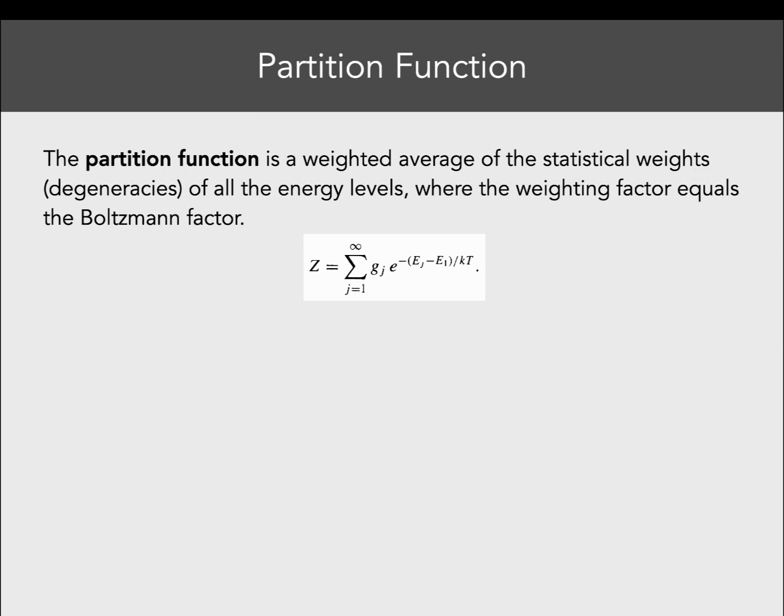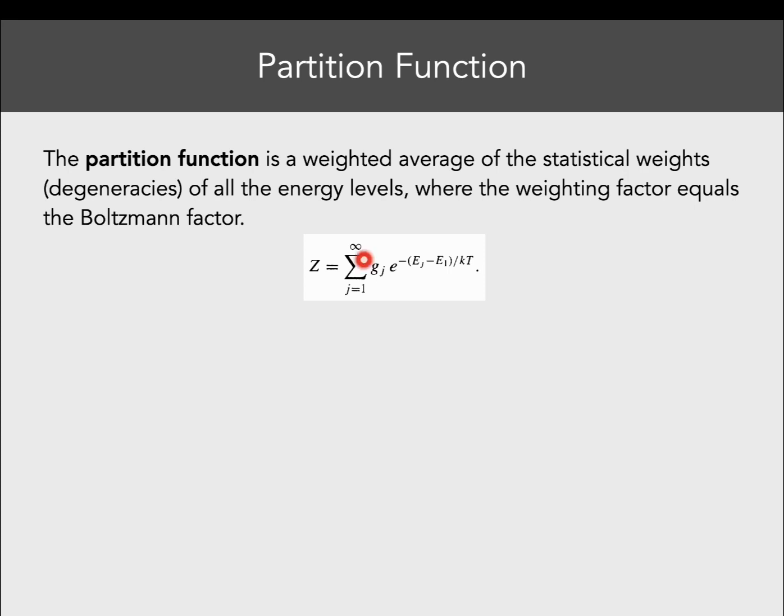Okay, the partition function. The partition function, Z, don't get that confused with the charge of the nucleus that we're using in the Bohr model. It's a different Z. The partition function is a weighted average of the statistical weights, i.e. degeneracies, of all the energy levels where the weighting factor equals the Boltzmann factor.